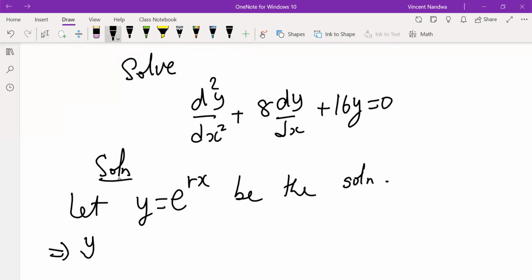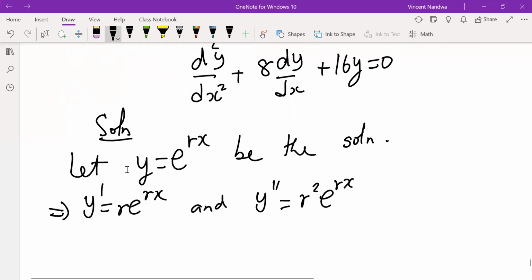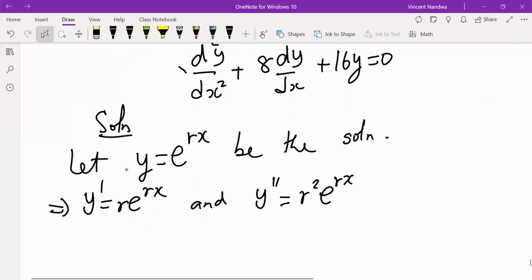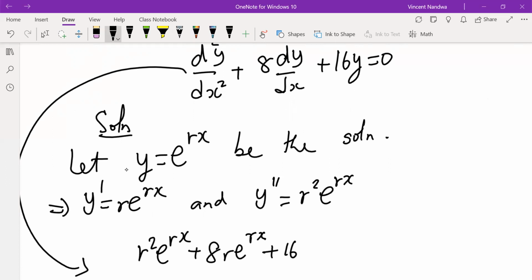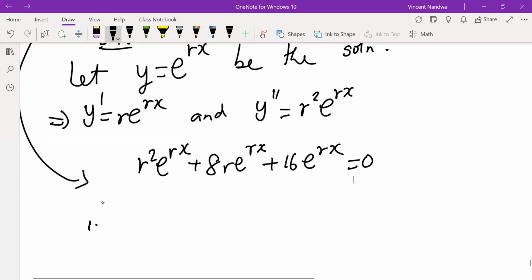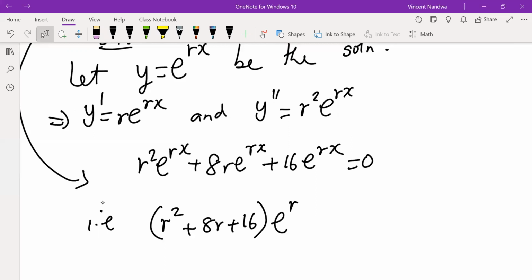So this means y' is r e^(rx) and y'' is r² e^(rx). So with these values, this equation will be r² e^(rx) plus 8r e^(rx) plus 16 e^(rx) equals 0, which will give us (r² plus 8r plus 16) e^(rx) equals 0.